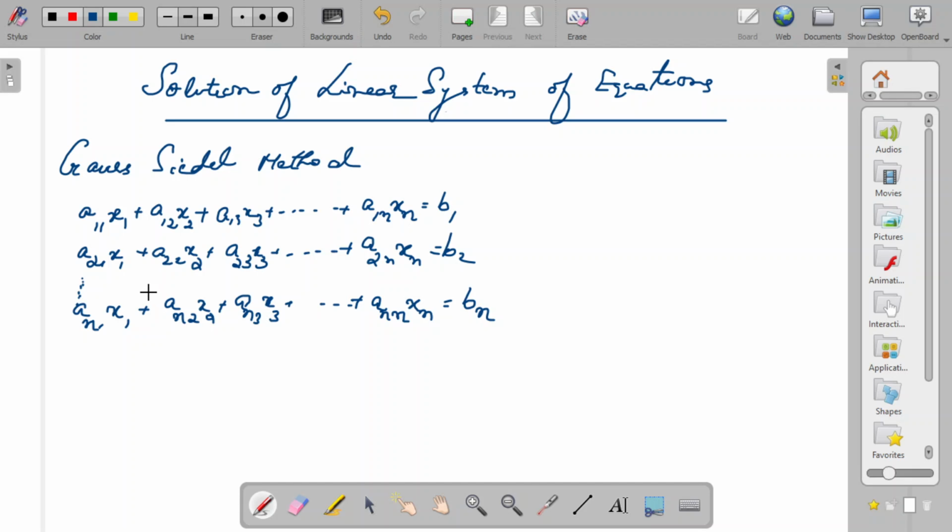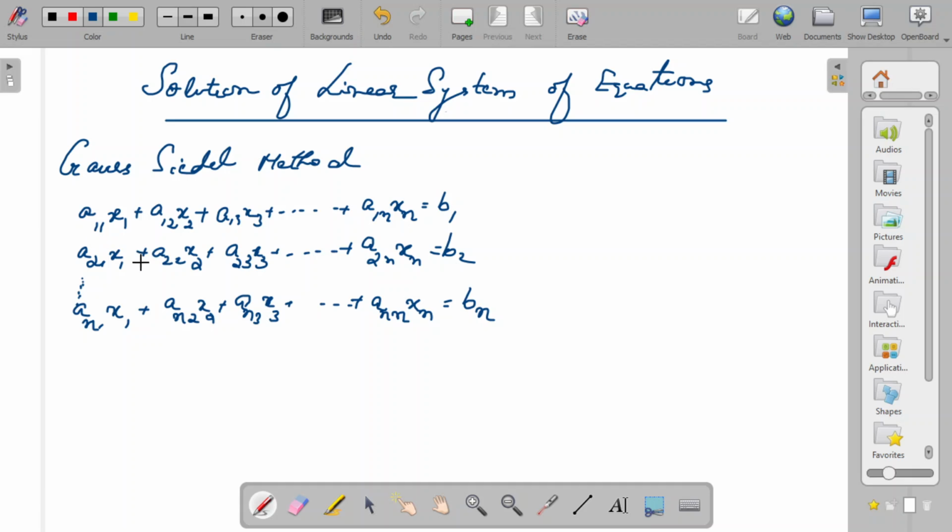So here, in order to do this, all the diagonal elements a11, a22, a33, like that, up to ann, should not vanish. If at all any vanishes, then the system of equations should be rearranged so that that condition is satisfied.